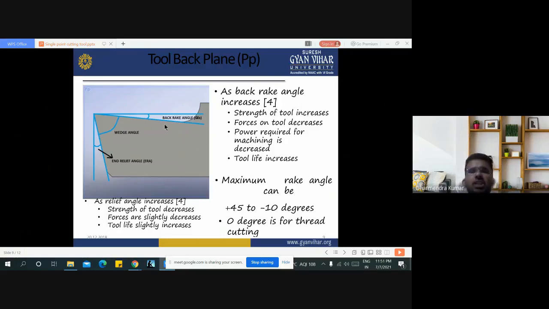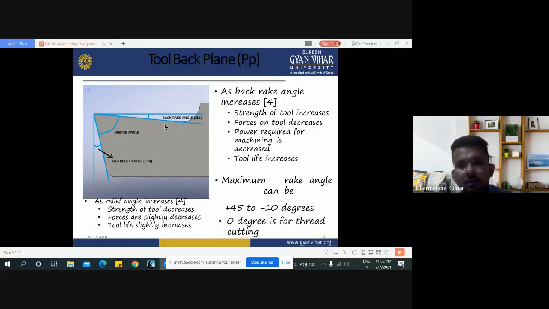If we increase the back rake angle, then the strength of the tool increases, forces on the tool decrease, power required for machining is decreased, and overall it increases our tool life. Maximum rake angle can be plus 45 degrees to minus 10 degrees, and the 0 degree back rake angle is suitable for thread cutting.